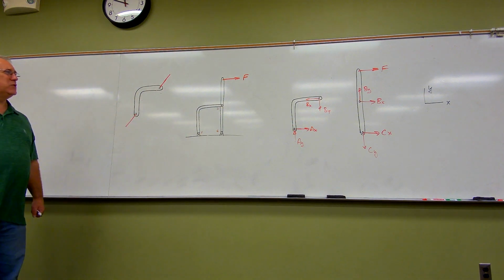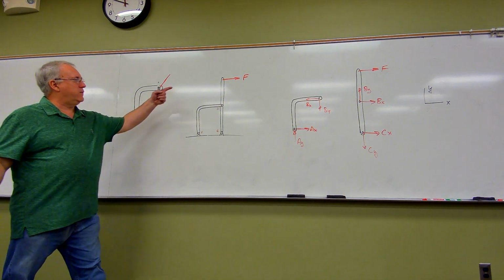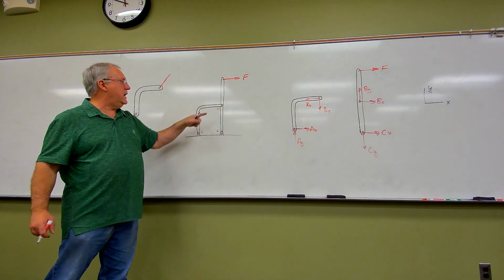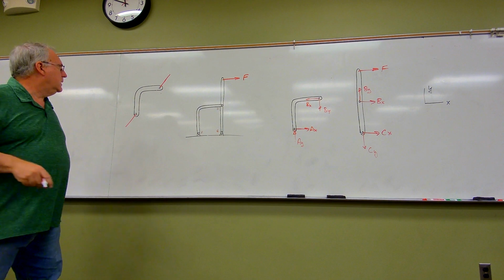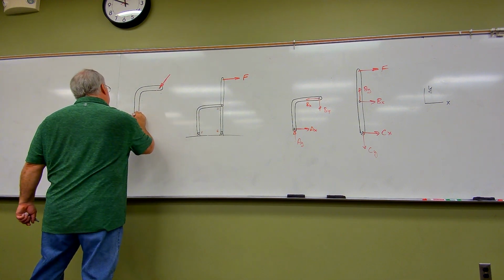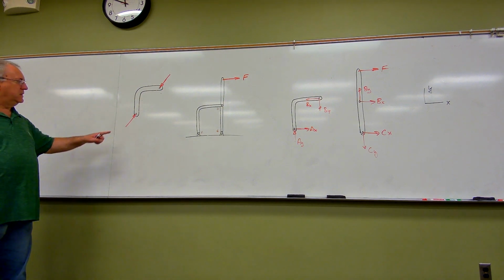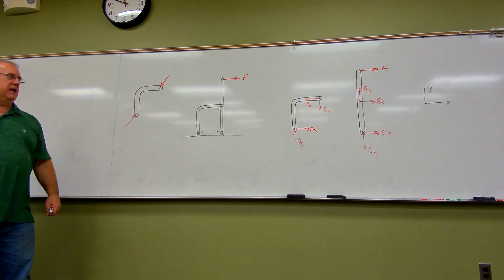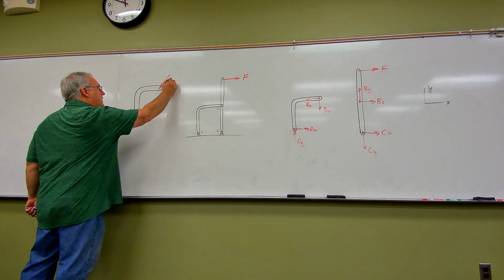Do we know the directionality of these forces? Believe it or not, we actually do. Because this force here, because it's pulling this way, it's going to try to cause tension in this. It's going to try to make it go this way. So that means the reaction forces on this would be going the opposite way. But again, if you didn't catch that, who cares? But this force and this force here are the same. So we could just call that force AB. We could call this force AB.